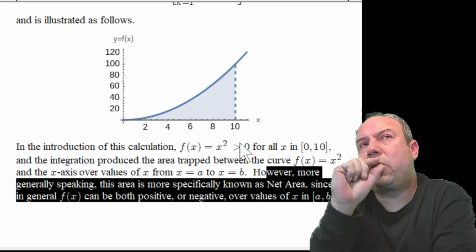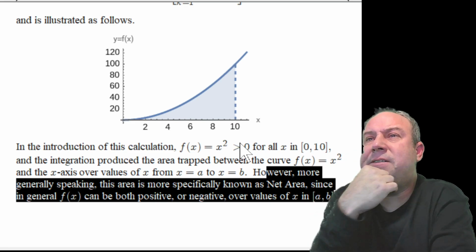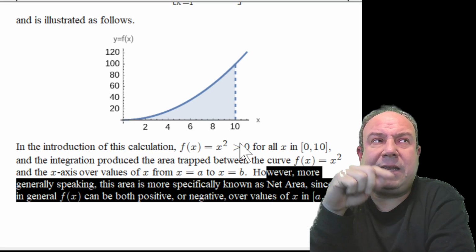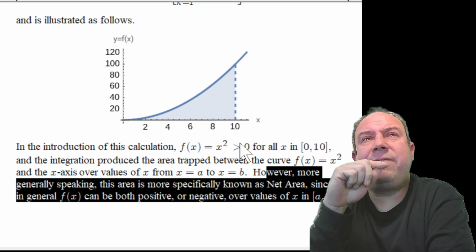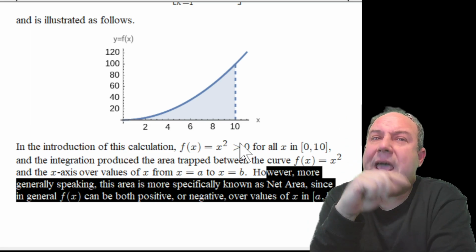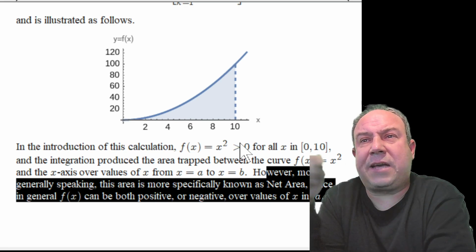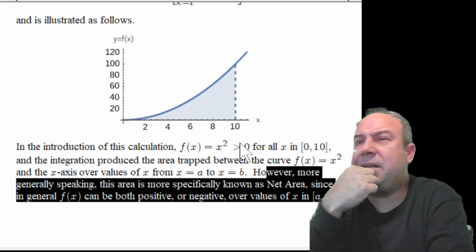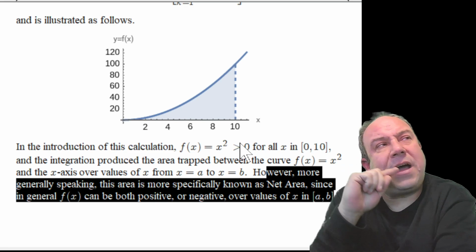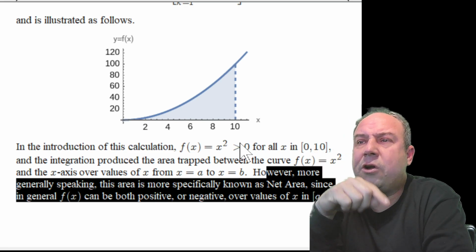So over regions that form below the x-axis, you're going to be calculating areas that have negative values. Negative values due to the fact that the output of the function at those x sub k values are all going to be negative. They're not negative in terms of size, however, they're negative in terms of direction.